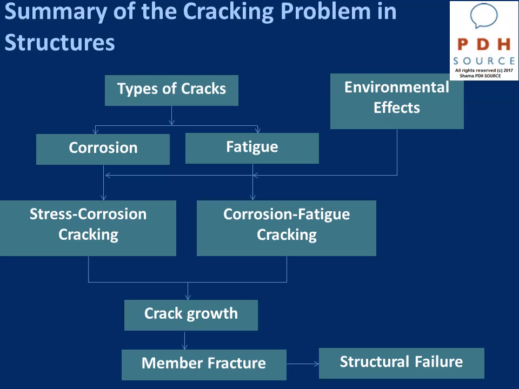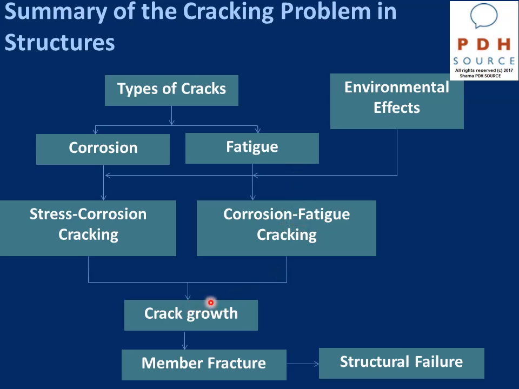Under the effect of surface loads, we will have stress corrosion cracking. So basically, corrosion will develop to be a stress corrosion cracking, wherein crack growth is going to be assisted by the effect of the environment. Similarly, fatigue cracks will grow further with the assistance of the environment.